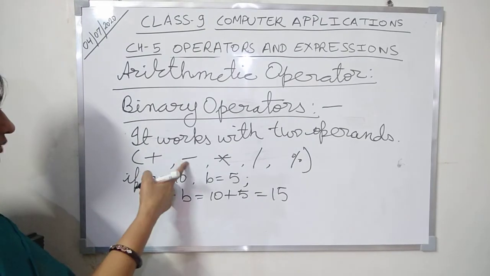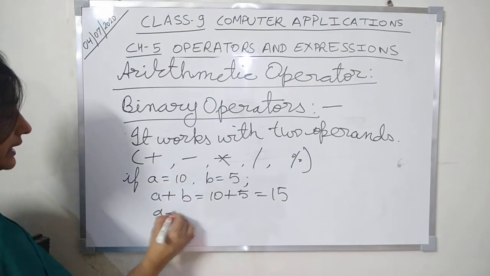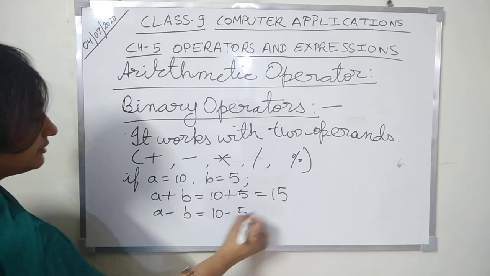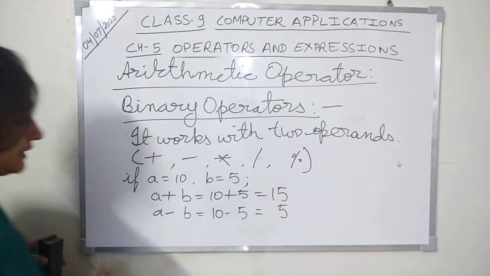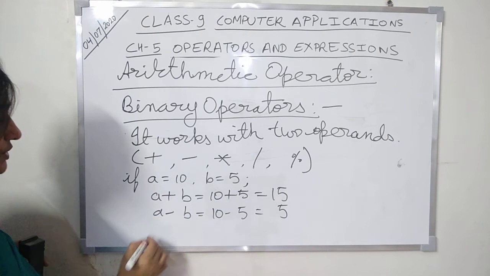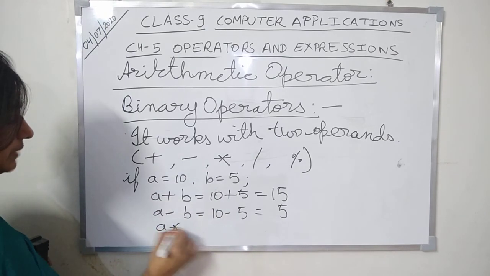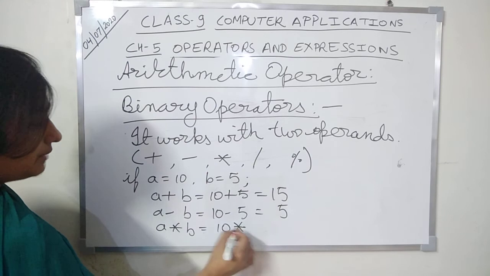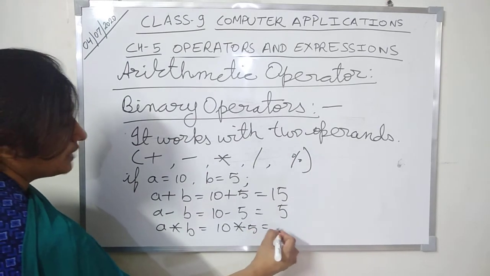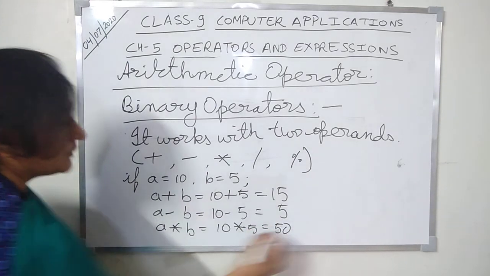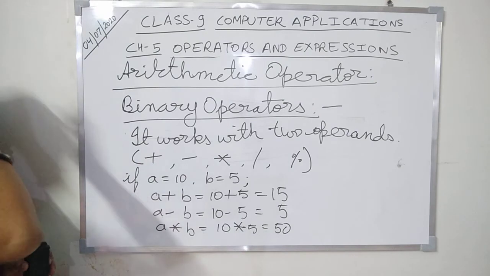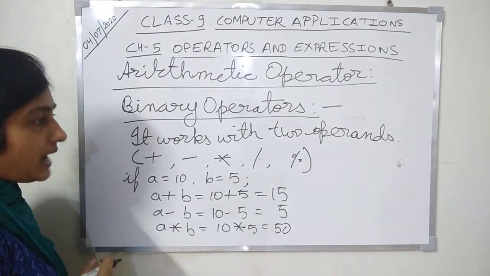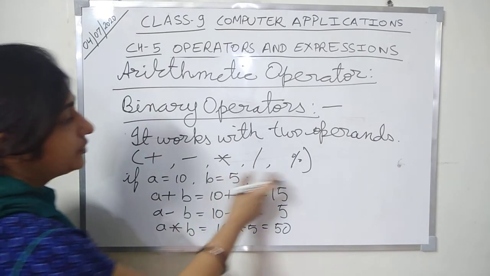And if we use this operator, A minus B, it will be 10 minus 5 equals 5. If we use this asterisk sign, multiplication, A into B, 10 multiplied by 5, it will be equal to 50.